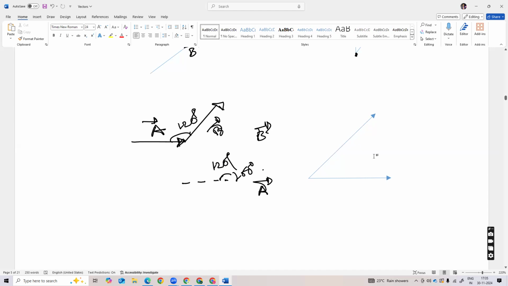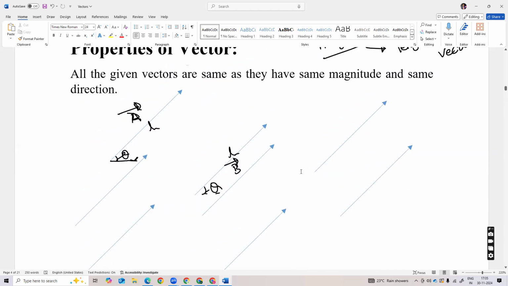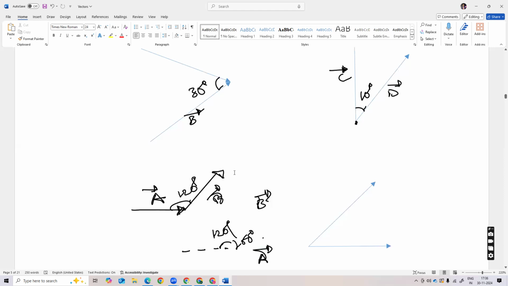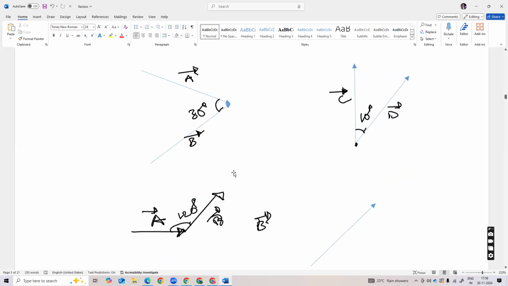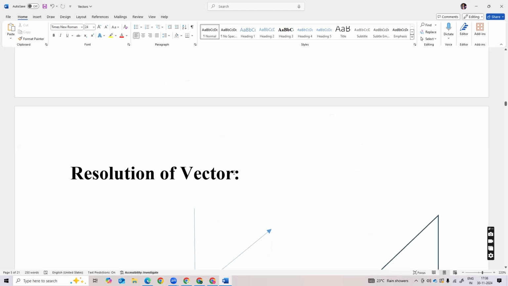As we have seen in this property, if a vector is pointing towards the same direction and has the same length, then we can move it anywhere in a plane or space, and it will remain the same. So here we have seen the angle between two vectors.